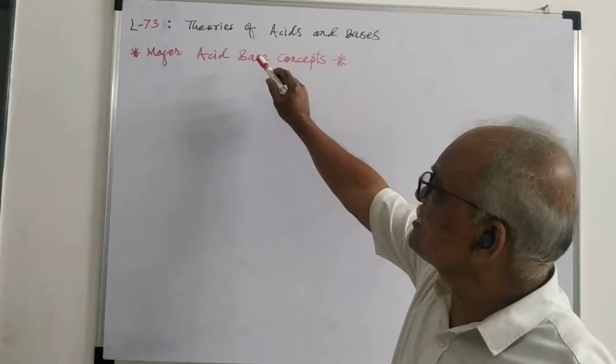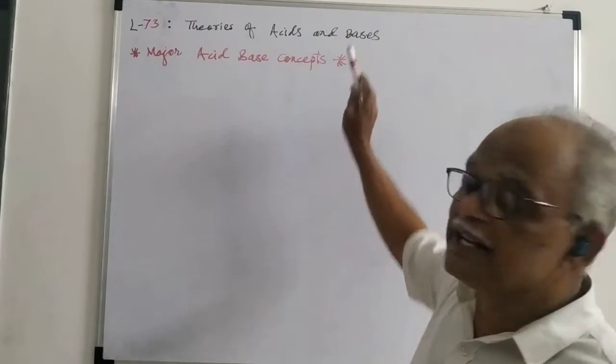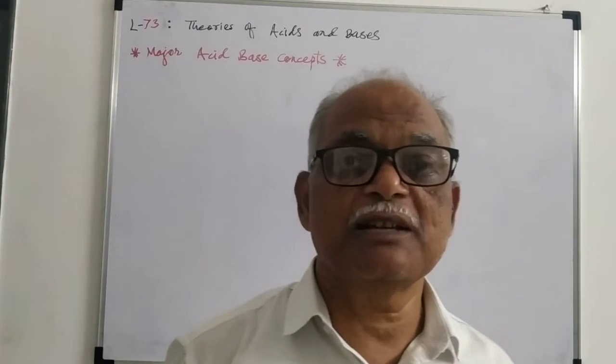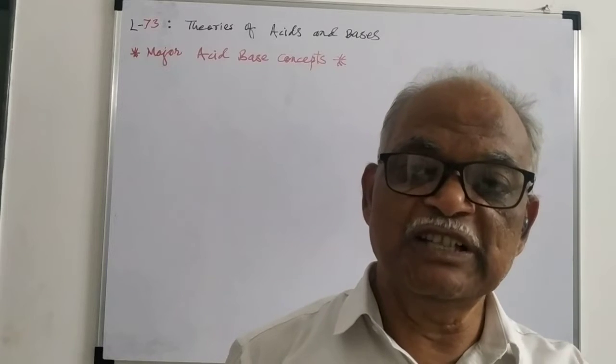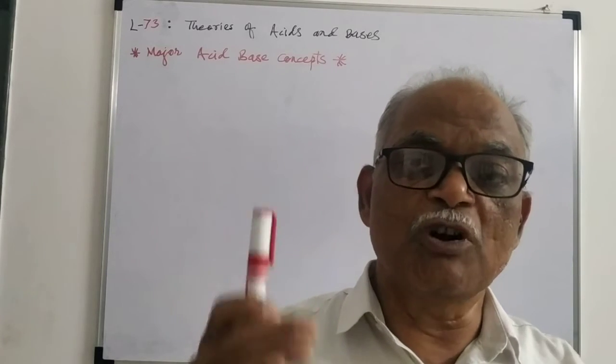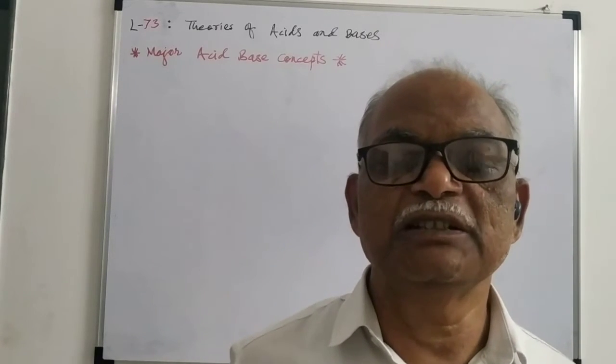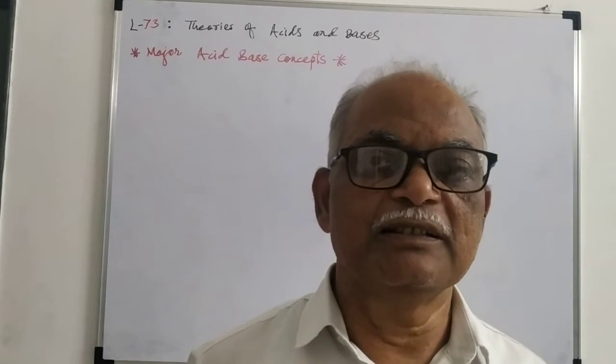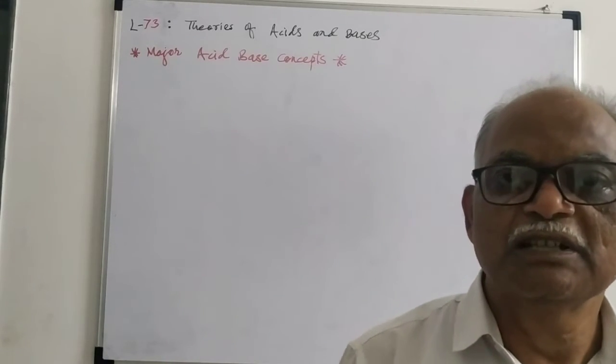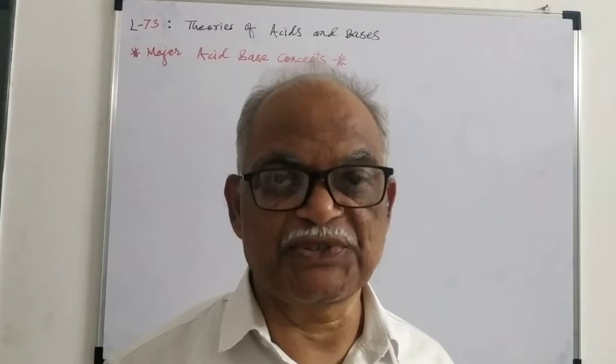We were discussing theories of acids and bases. Last time we saw the introduction, in short the difference between the variety of theories associated with the chemistry of acids and bases.